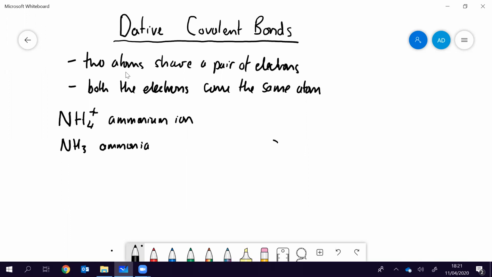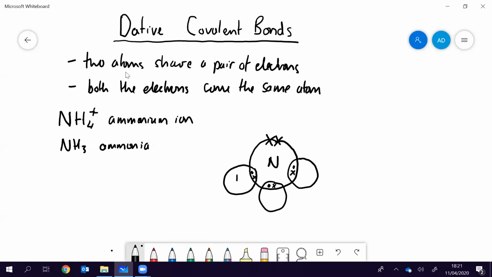So ammonia has, we've drawn this lots of times before. The nitrogen, a dot and a cross where the overlap is. Nitrogen is in group 5. We've only drawn 3 crosses, so we need to have a lone pair up here.